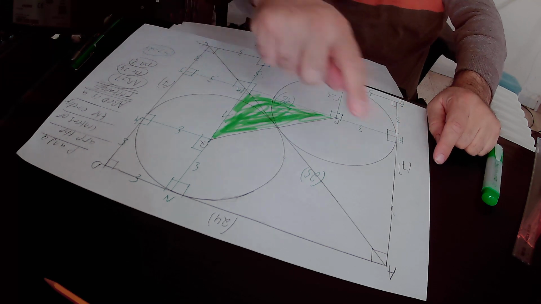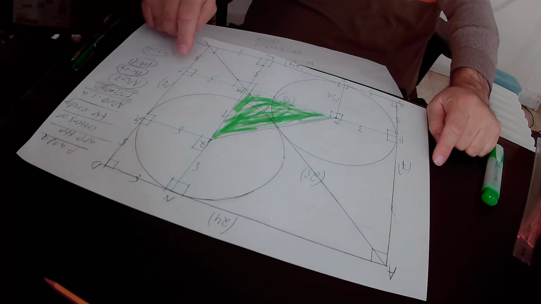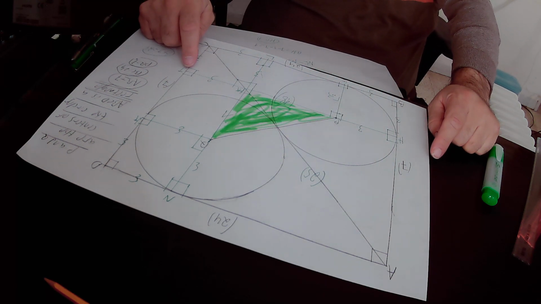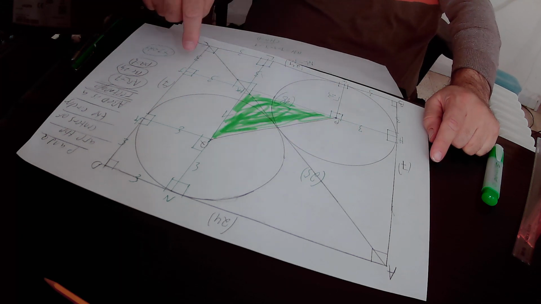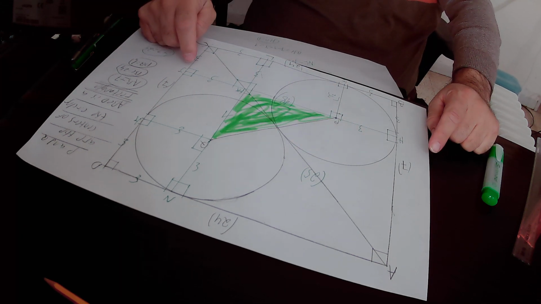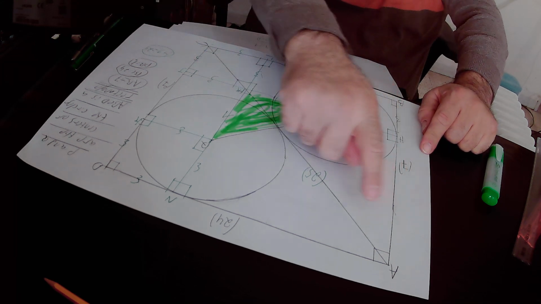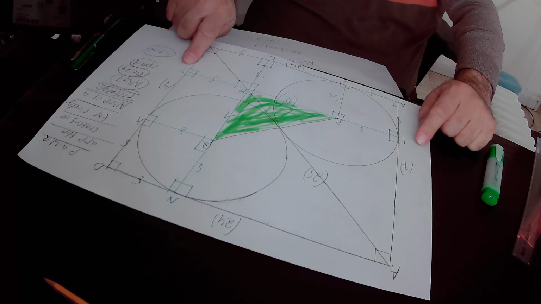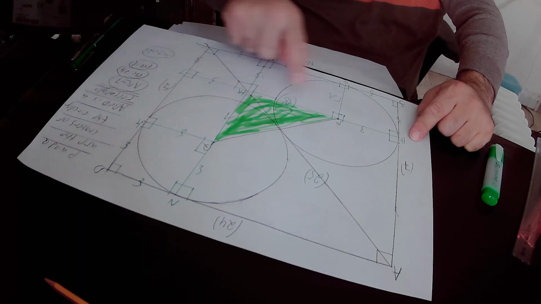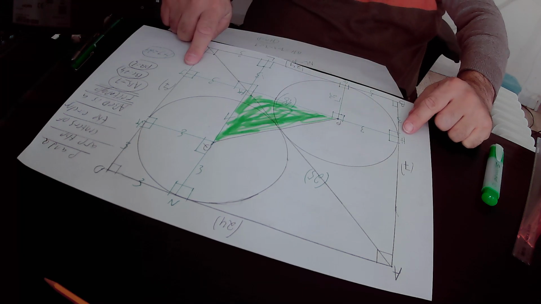Therefore quadrangle ADHJ has 4 right angles, so it is a rectangle. We know that the opposite sides of a rectangle are equal to each other, that is to say AD equals HJ. But AD is 24, therefore HJ must also equal 24.